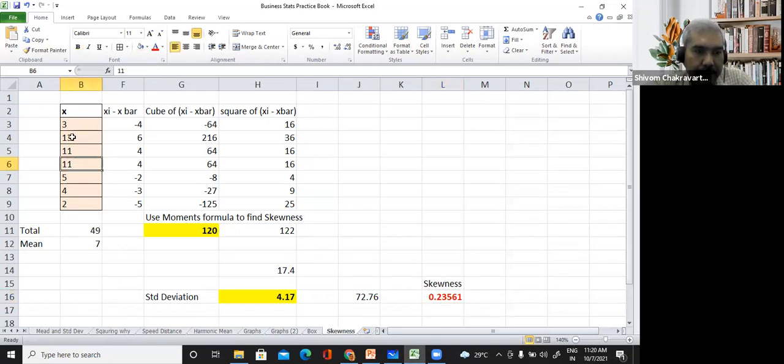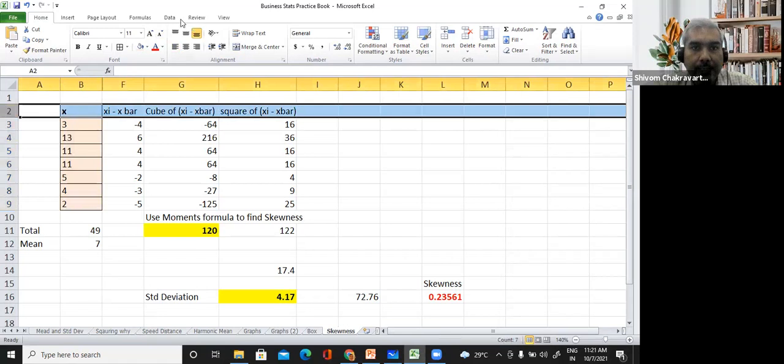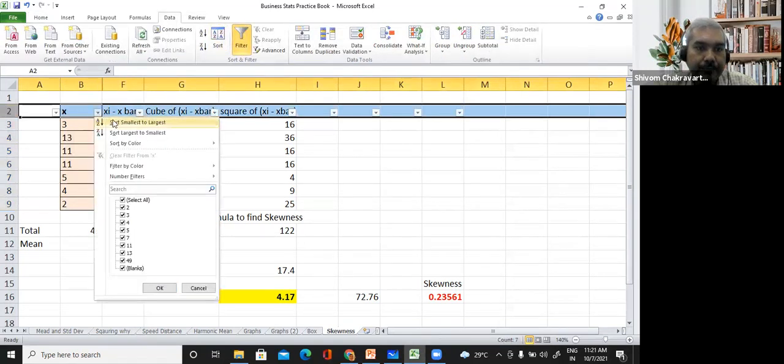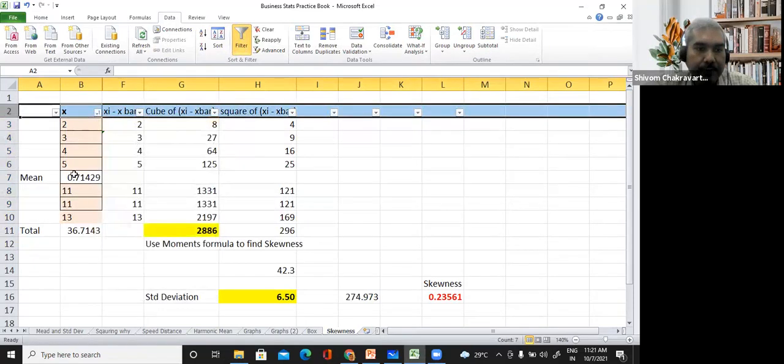Then first quartile. Now, actually, you will have to arrange this in ascending order before finding quartiles. This is not arranged in ascending order. For using the moments formula, we didn't require that, but now you will be arranging that in ascending order. In Excel, you can do that easily, smallest to largest.